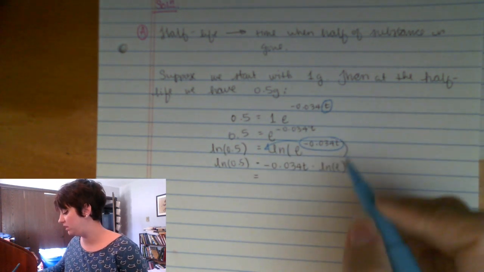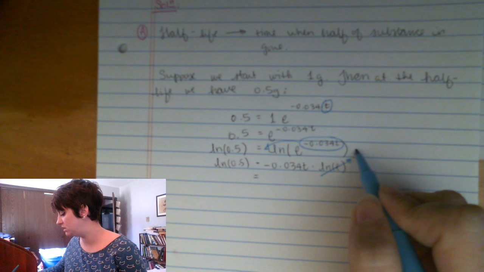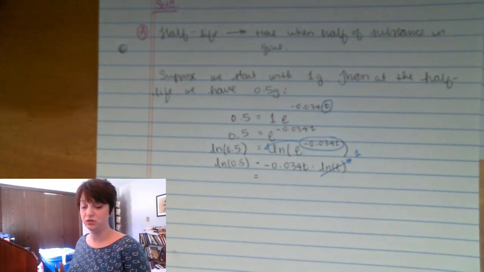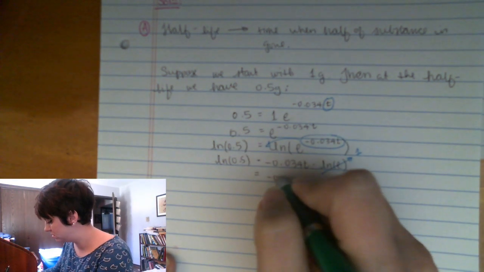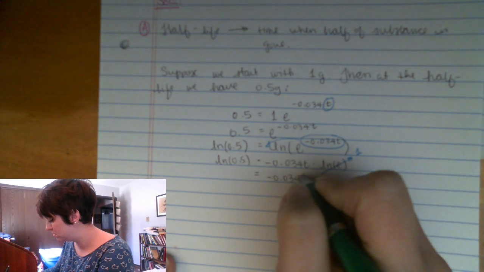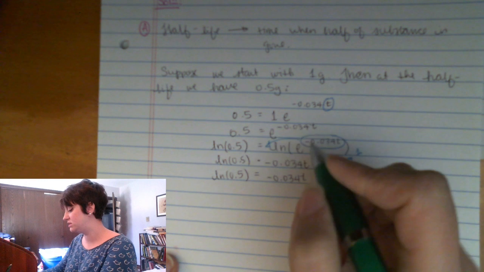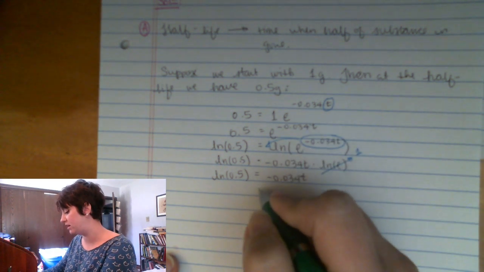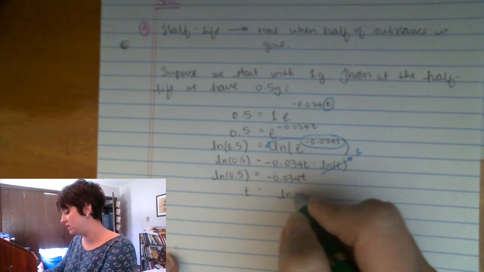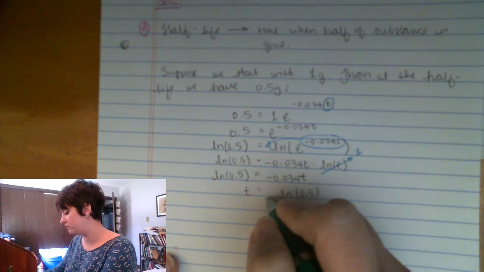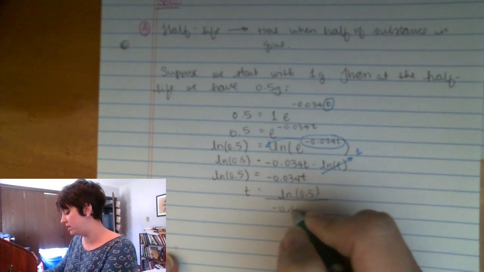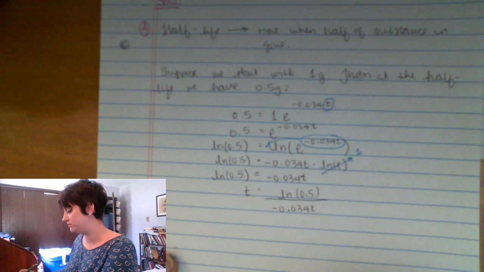Natural log of e is 1, because e to what power is e? The answer is 1. So this is linear, and I divide. So t is the natural log of 0.5 divided by negative 0.034.